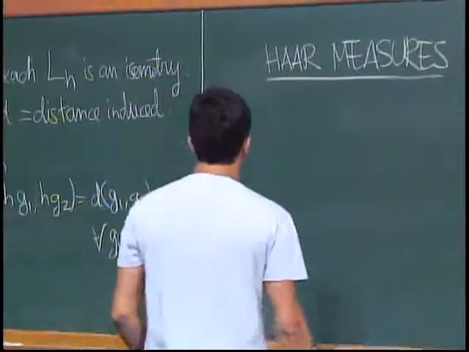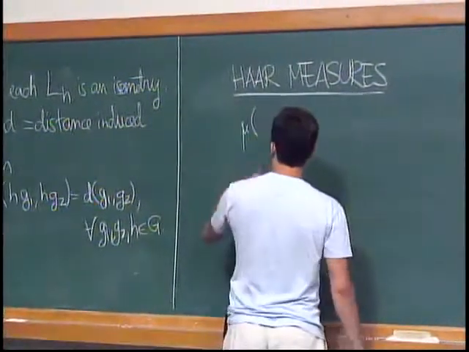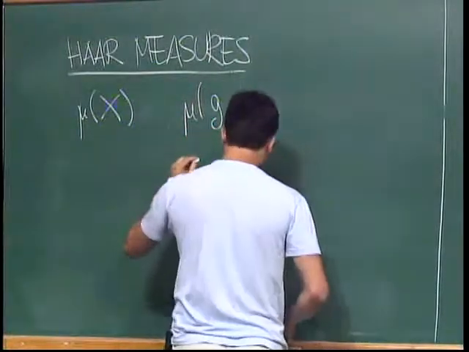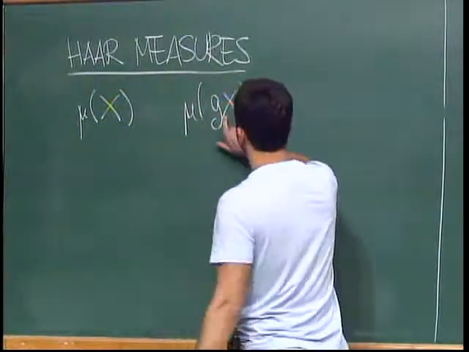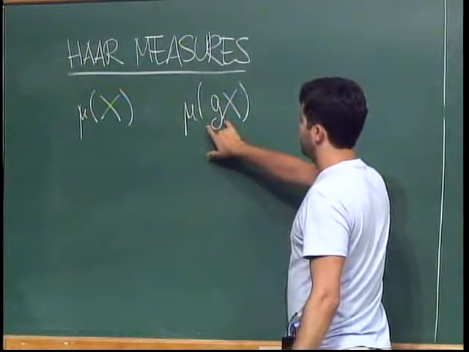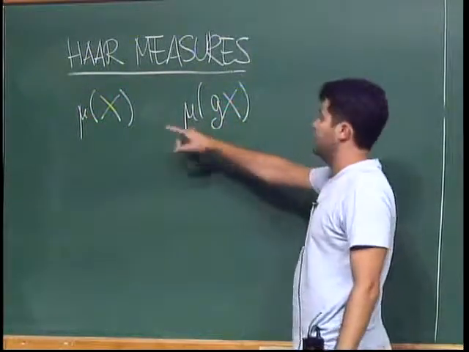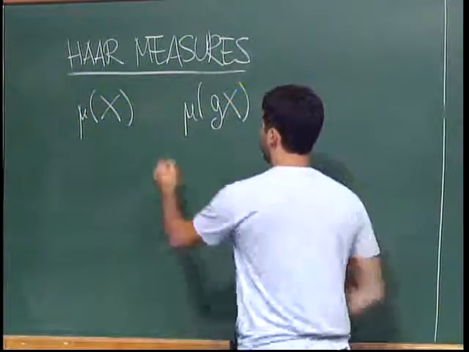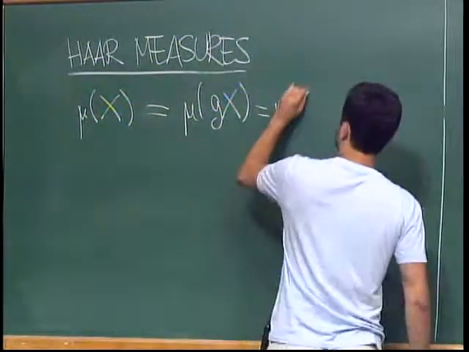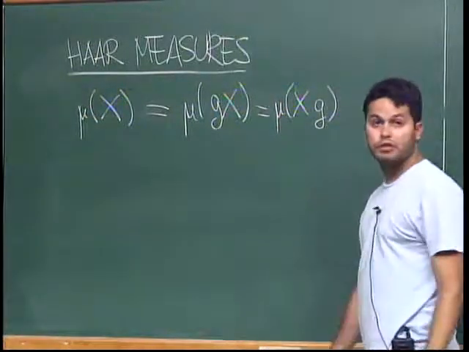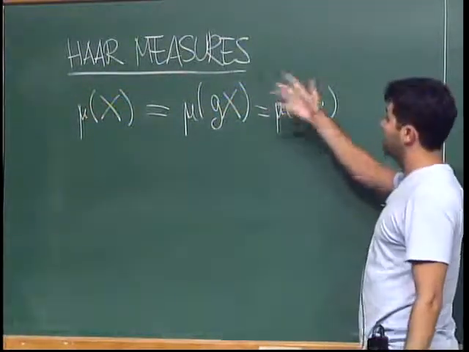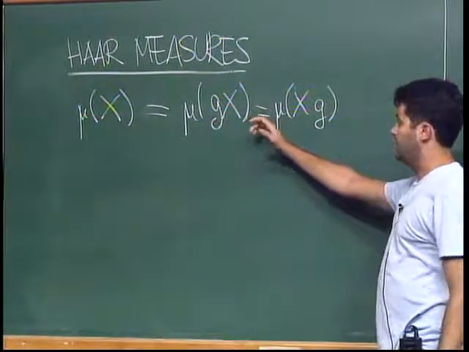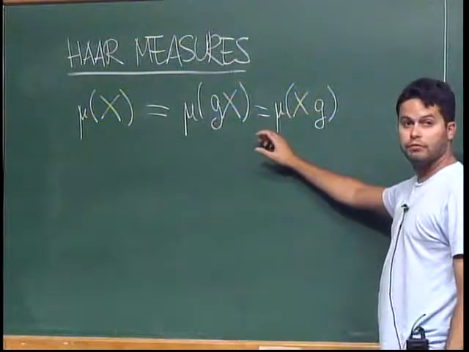For example, if you want to compare the measure of a set X with the measure of its image gX, so you take X and apply the left translation by g, in general, measures are not going to satisfy that these two are the same. And you could require the same thing for the right translation. So is it true that you have measures that satisfy these properties for every Borel set X and every g? Well, in general, it's not true.